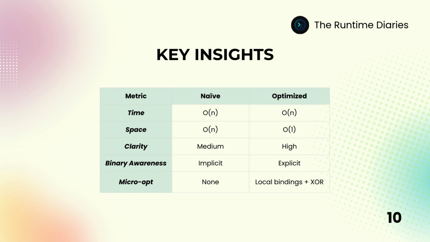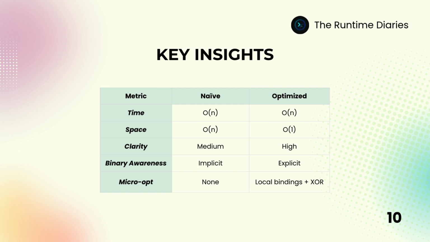Let's summarize what changed between the 2 versions. So we have our metric, our naive solution, and our optimized solution. For our metric of time, both the naive and optimized solutions gave us O of n. For our space metric, naive solution was O of n, and the optimized version was O of 1. Now for our clarity metric, the naive version was a medium level clarity, but the optimized version was a very high level clarity.